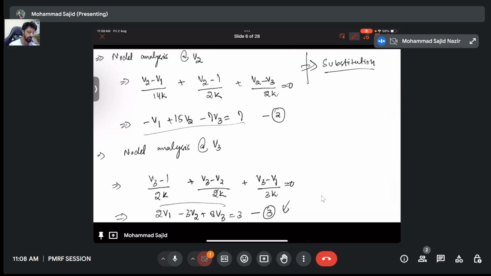On simplifying, we get minus V1 plus 15V2 minus 7V3 is equivalent to 7. So again, this is of the format A2x plus B2y plus C2z equivalent to P2, right? So now we need three equations to solve three variables, right?